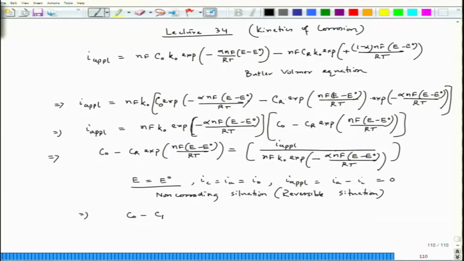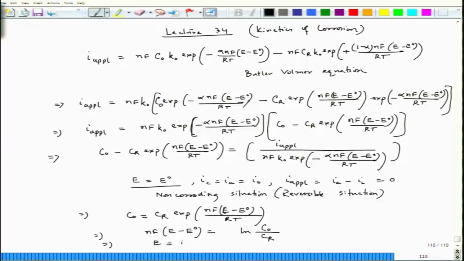So, the C_O by C_R exponential would be equal to exponential nF (E minus E0) by RT, which gives nF (E minus E0) equal to ln C_O by C_R, or E equal to E0 plus RT by nF ln C_O by C_R.